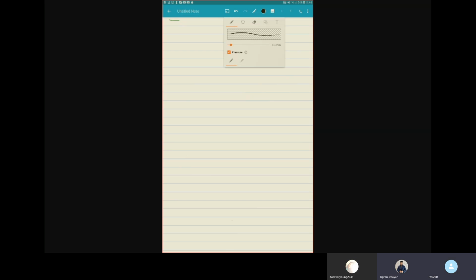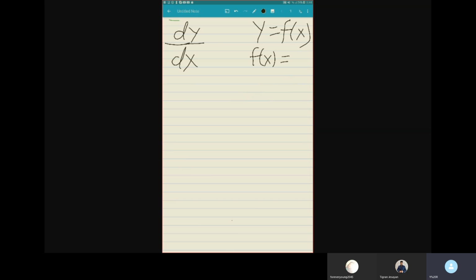So in the previous example, let's get back to the old style of function. y is f(x), and then what we have to find is dy over dx, the derivative of f(x). But f(x) is also a function of a different function. f(x) is equal to, for example, let's say u(x).